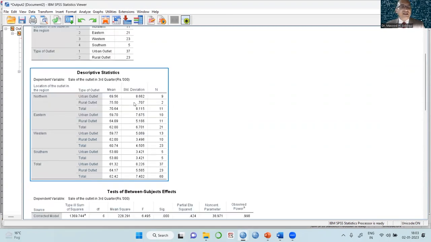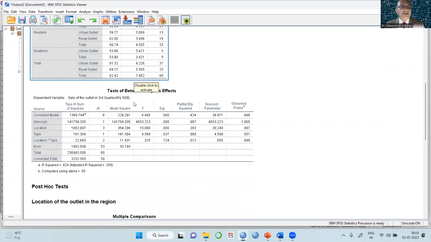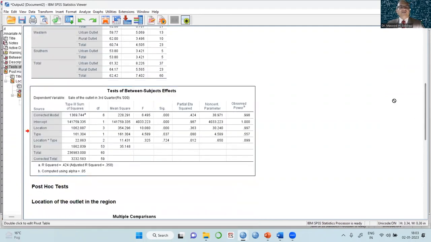Then we have descriptive statistics that we are going to discuss later on. Now here we will be discussing the tests of between-subjects effects. As we have discussed, these are the different types of variations: sums of squares for location, type, the interaction effect, then error, then total.